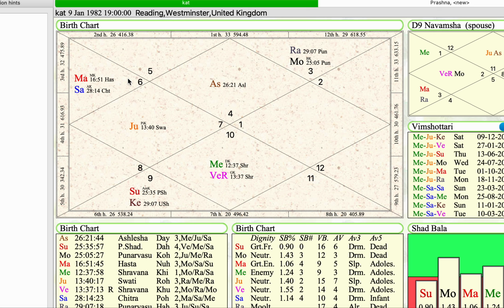So via traveling, via NGOs, or via business related to clothing, fashion, all these things. For example, she has Venus in Capricorn, so her parents had a huge business in party related things.